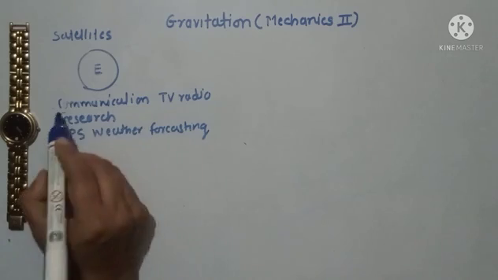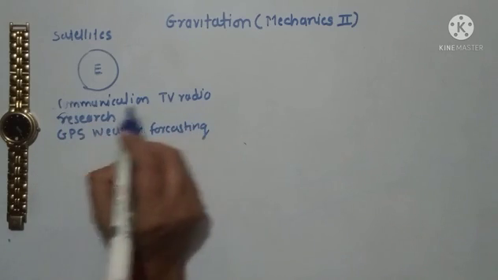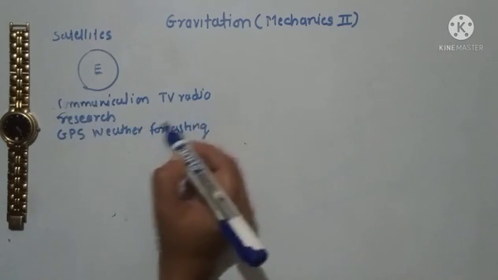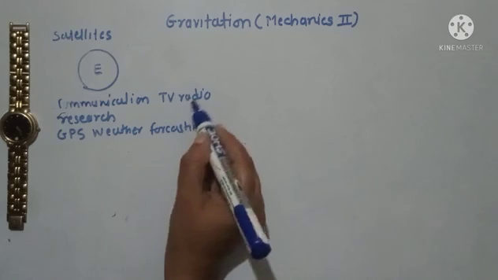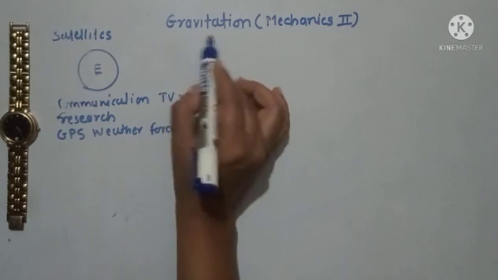You can say that these communication satellites, research satellites, GPS satellites and weather forecasting satellites are nothing but the physical significance of this gravitation.